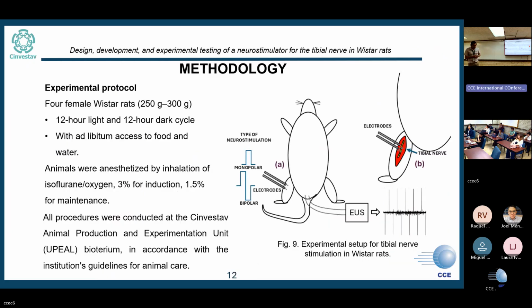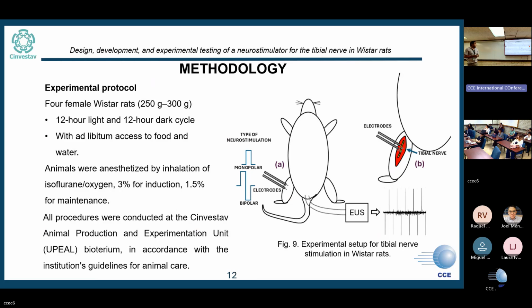So with this, we implemented the device in an experimental protocol, and we used four Wistar rats with a weight between 250 and 300 grams. The animals were moved to a room with a 12-hour light and 12-hour dark cycle, with ad libitum access to water and food.